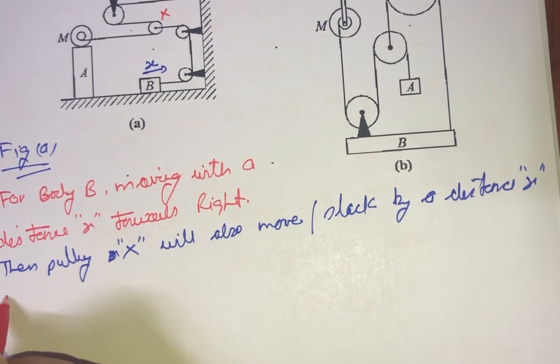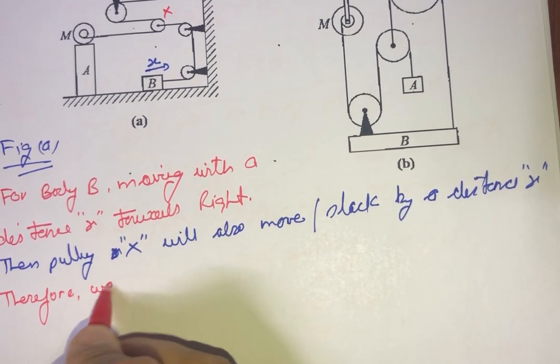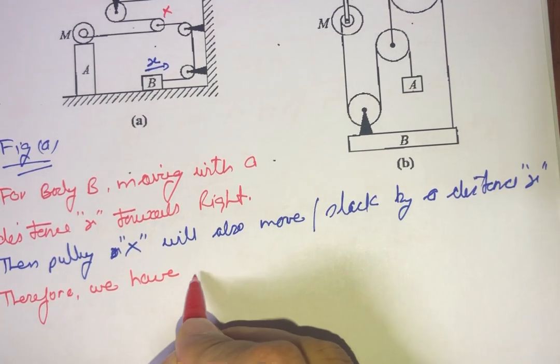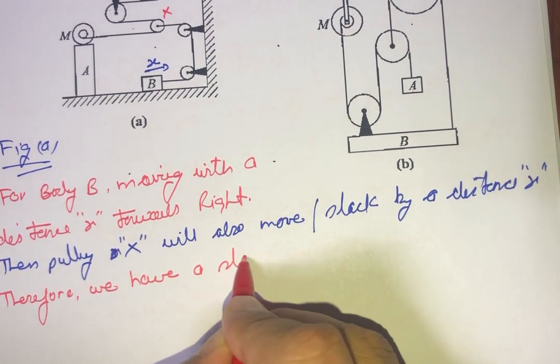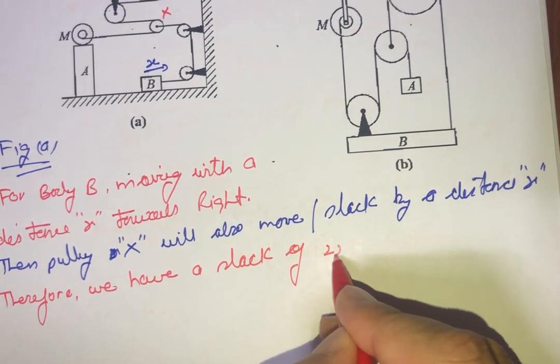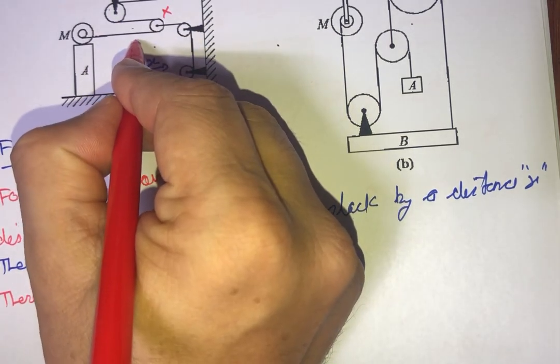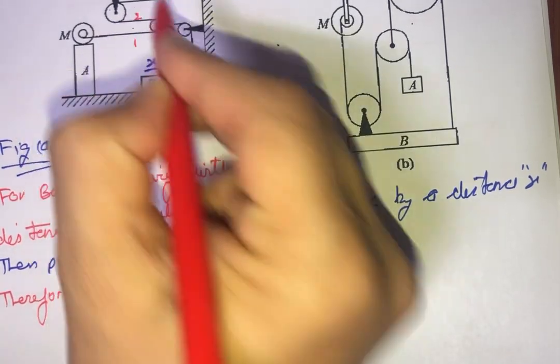Therefore, we have a slack of 2x. Let us say this is 1 and this is 2.